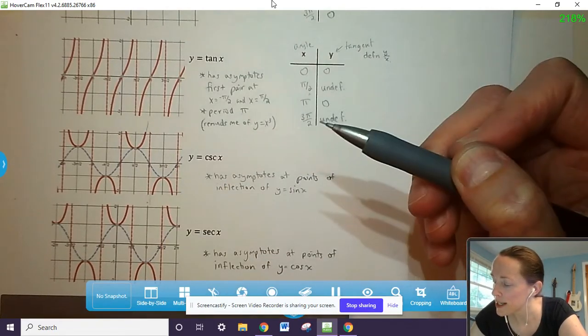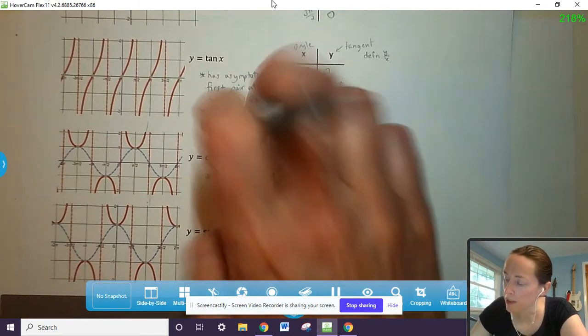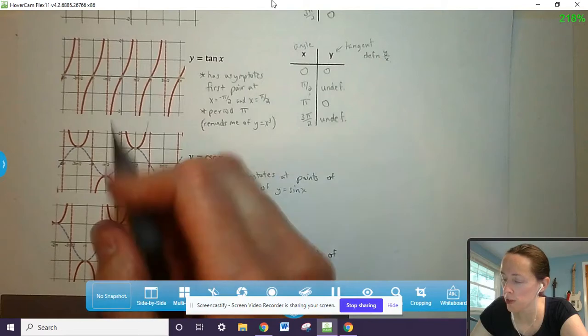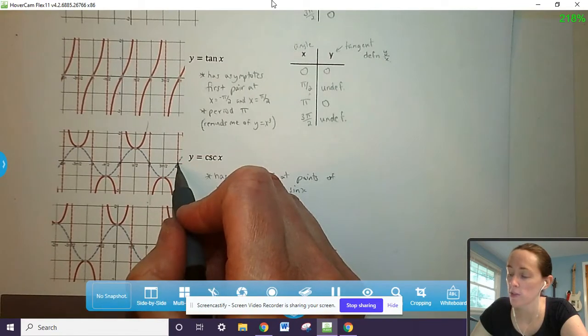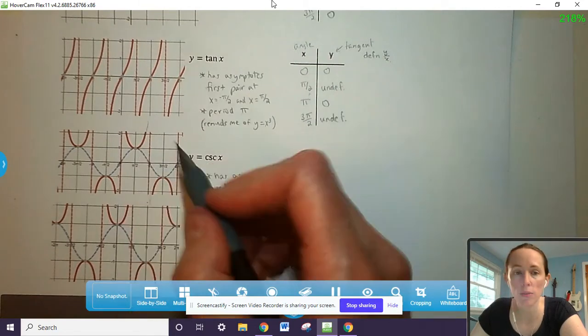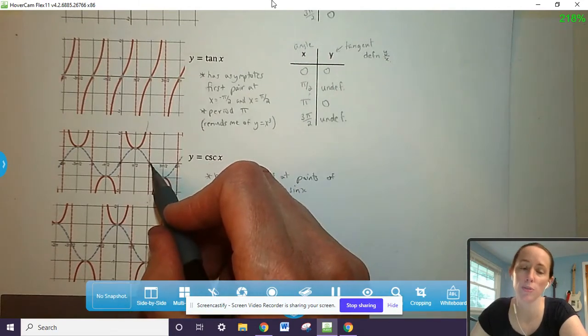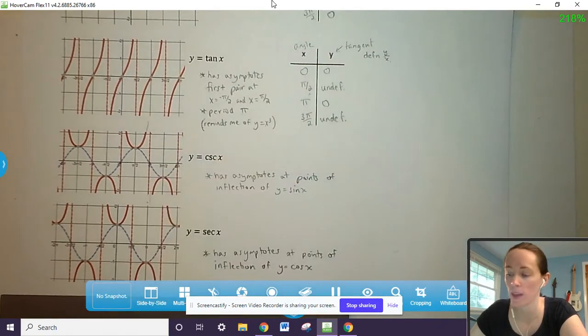So for cosecant, since that's the reciprocal of sine, you can always graph it by looking at the points of inflection, or the x-intercepts for the basic sine graph. That's where the cosecant graph will be undefined, because where sine is 0, the reciprocal cosecant is undefined. So that's how you know where the asymptotes are.